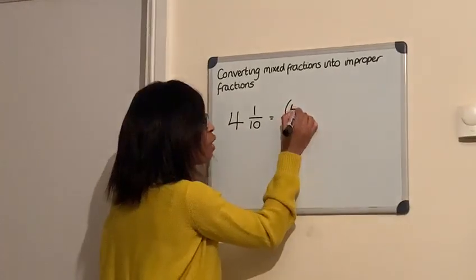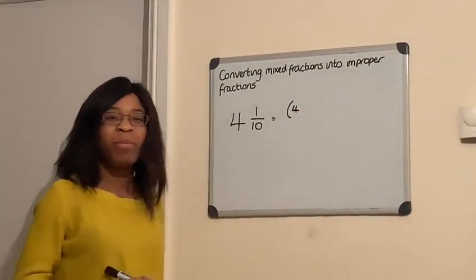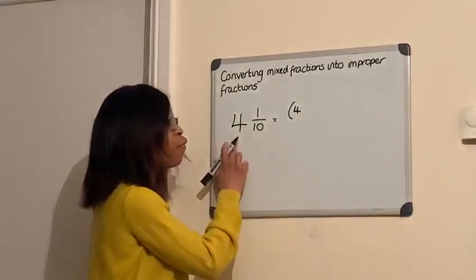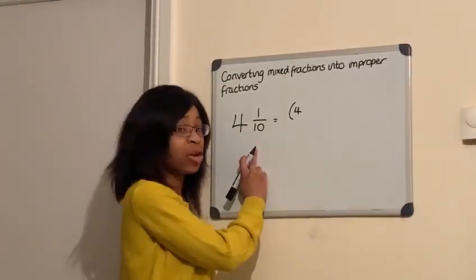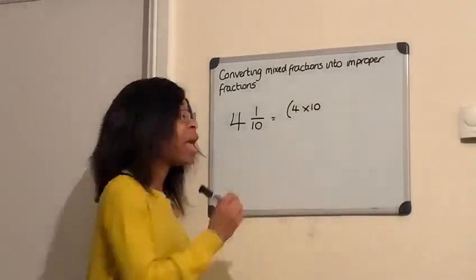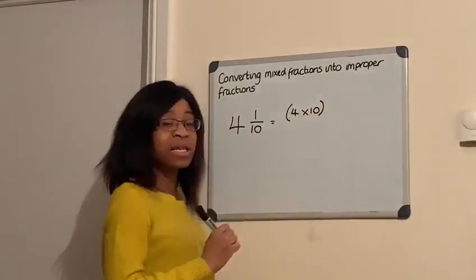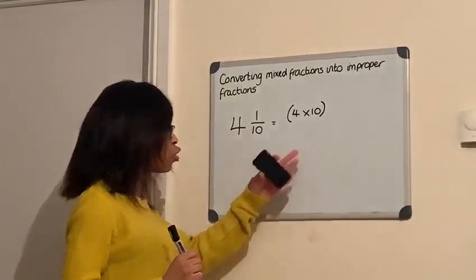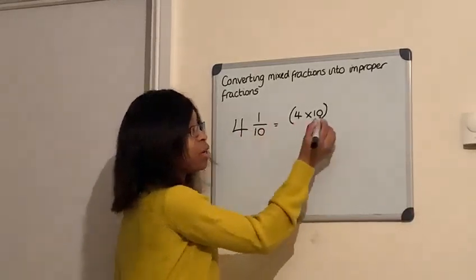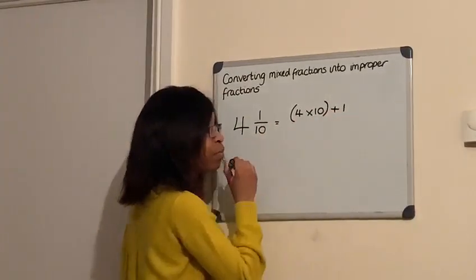Okay, I usually write this in brackets. So 4 wholes, we have to multiply it by the denominator. Okay, we have to close off that sum, and then we have to then add the numerator.